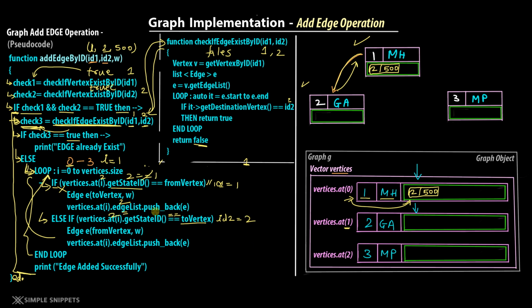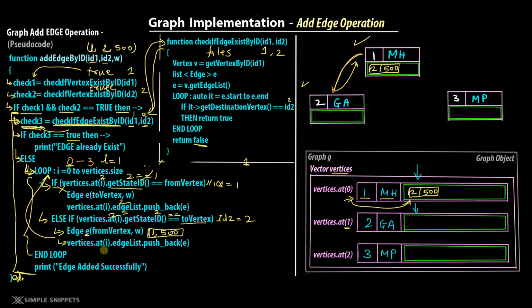So 2 is equal to 2. In this case again we will create an edge E, and we will now pass from vertex. From vertex, as I said, is ID 1. So we are creating 1 comma weight, the same 500. So we create a new edge E over here with destination ID as 1 and weight as 500, and now we push this into the vertex where we are.